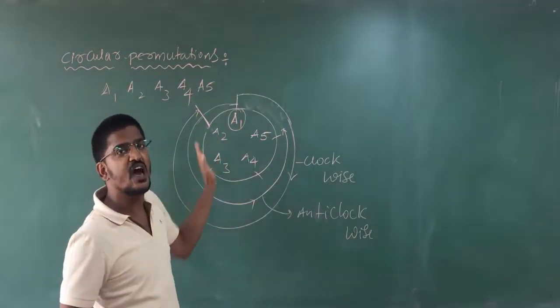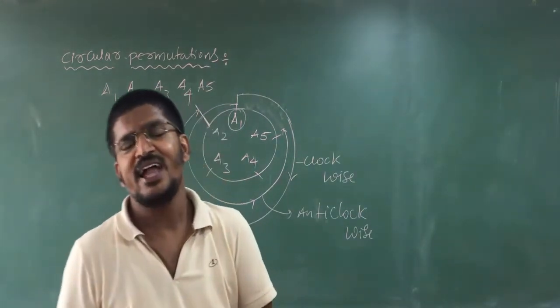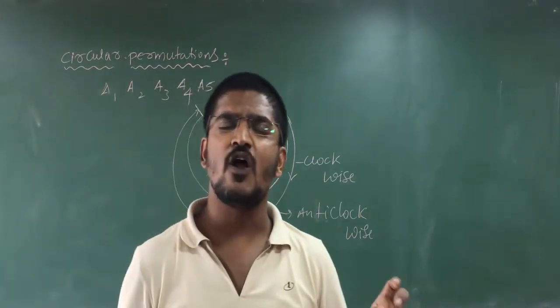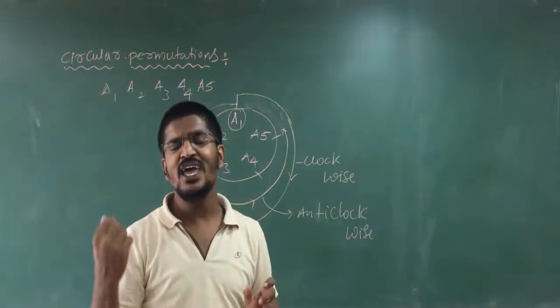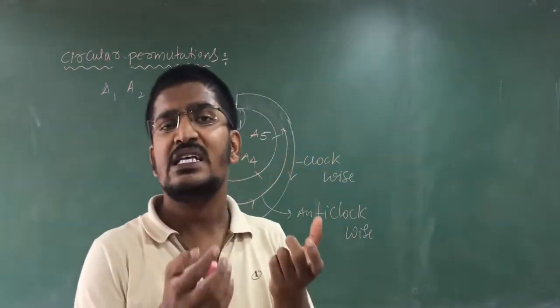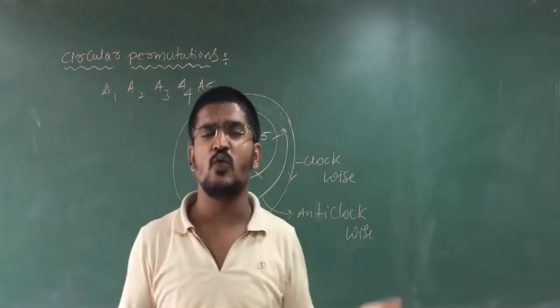That is called circular permutation. Either it may be clockwise or anti-clockwise. In the next session, let us see what the clockwise permutation and the anti-clockwise permutation are, what happens if all the elements are the same, and what happens if all the elements are different.